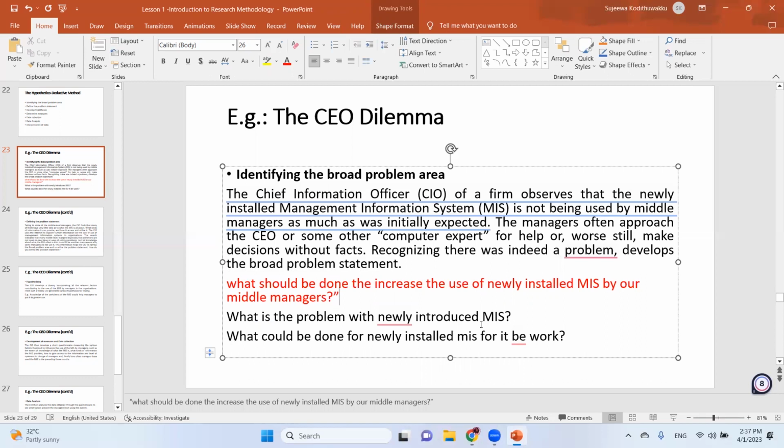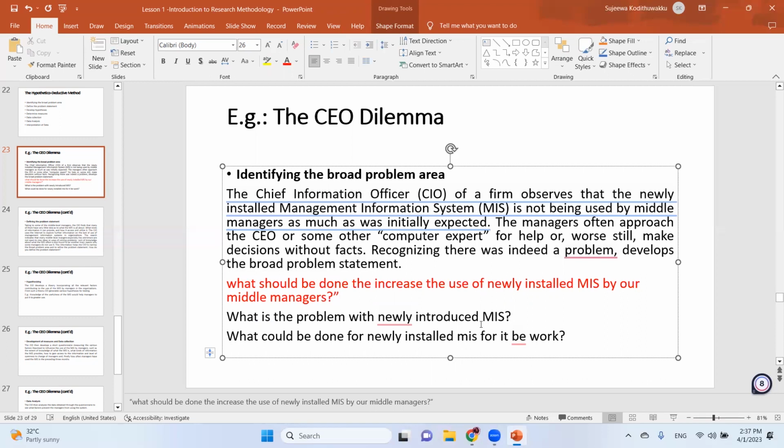Is it true or not? This is the problem. Why? Our middle managers don't use it properly, or they don't use it 100%. Or they have a lot of issues, right?